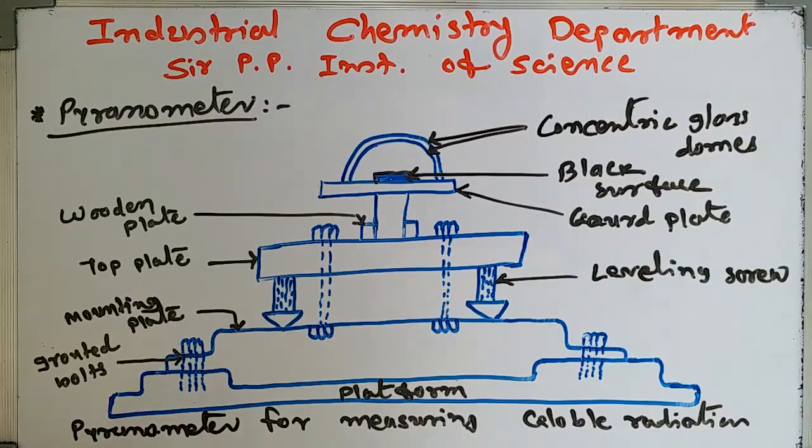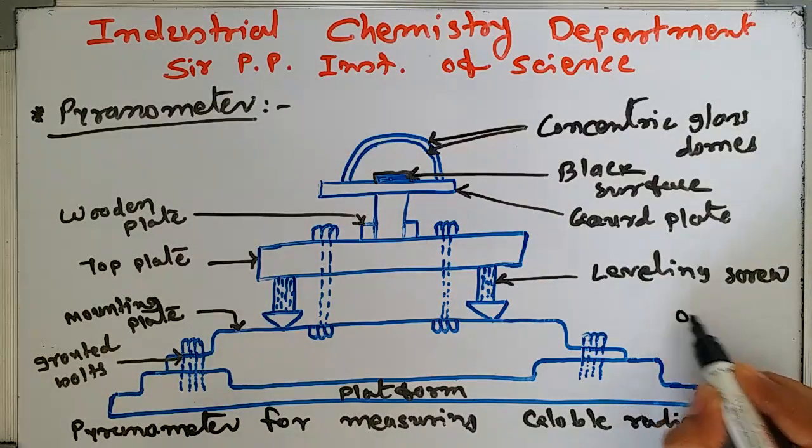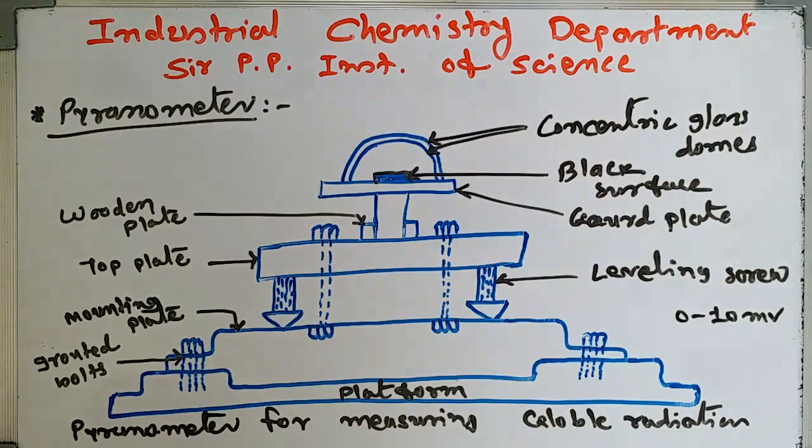One more important point, which we also discussed in the previous lecture: the EMF generated when this hot black surface is connected as a thermopile to junctions where no radiation is coming. The EMF is in the range of 0 to 10 millivolt. So it is very important. This is the pyranometer.